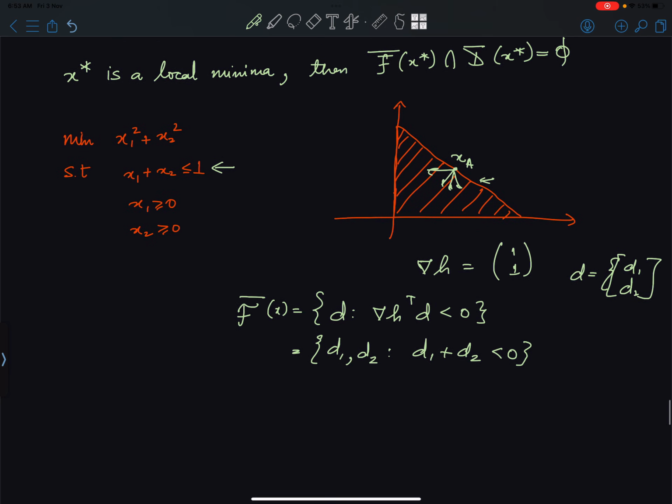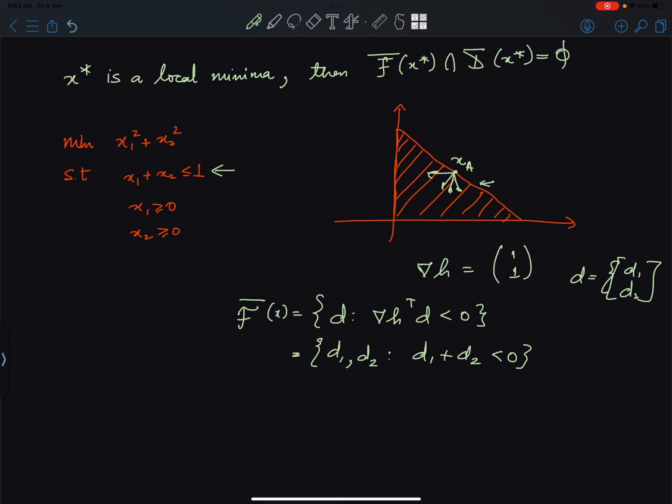Okay, so yeah, and if you see, this is my objective function. So the objective function contours will look something like this, right?